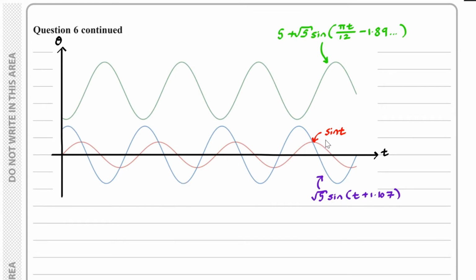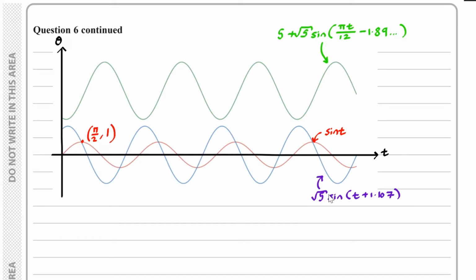In red over here, we've got the graph of sine t that has a maximum at 1, a minimum at -1. And the maximum occurs at pi over 2. So let's just add this in. This maximum over here has coordinates pi over 2, 1.